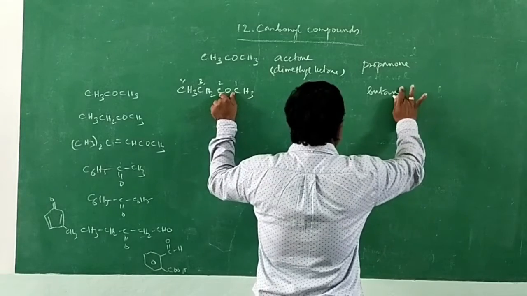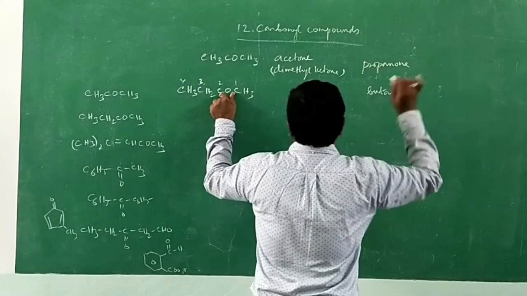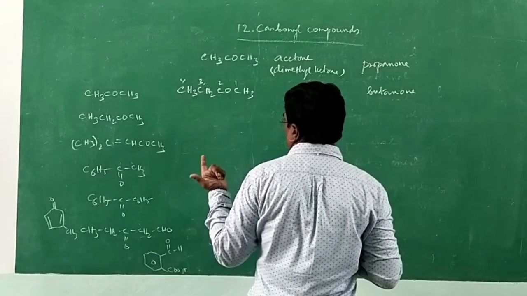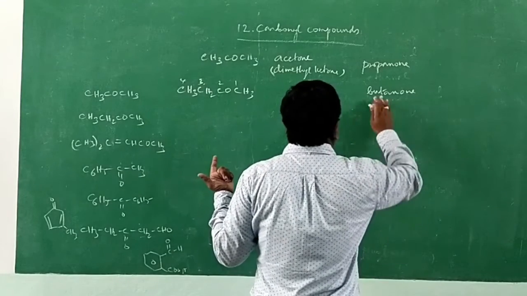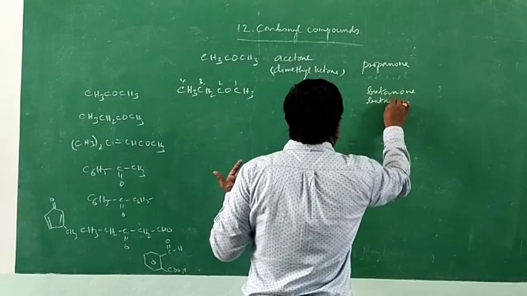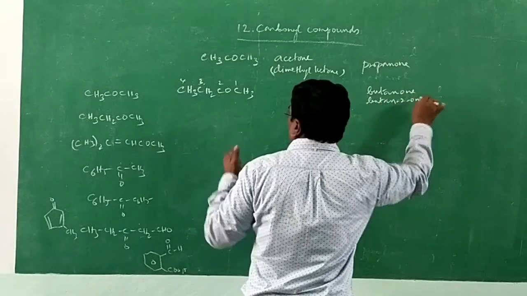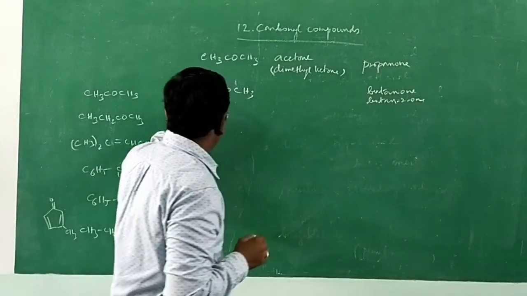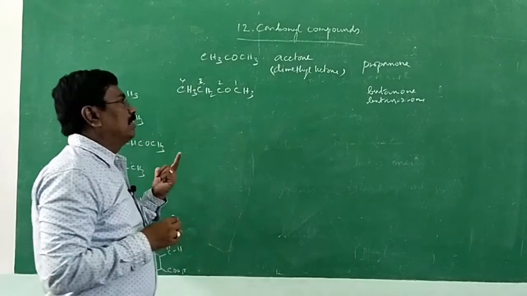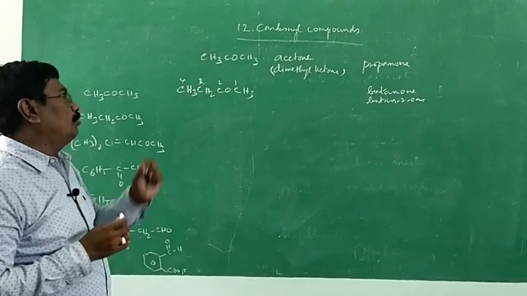Therefore, butan-2-one. Always it will be at the second carbon atom only. Nothing wrong in simply mentioning butanone, or we can also say butan-2-one. No other position is possible. If I write CO here, it will be 2-butanone. Therefore it can be simply butanone or butan-2-one.